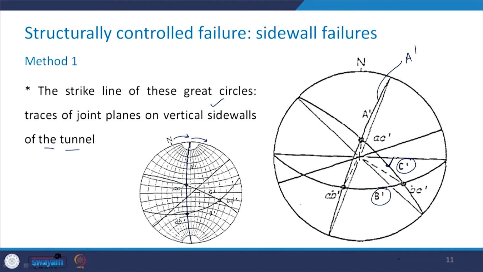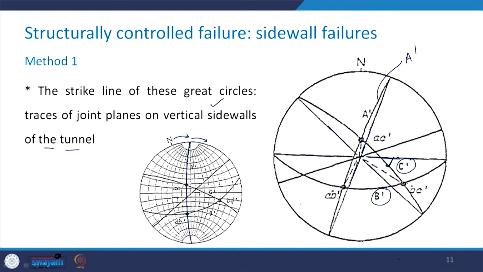So, the strike of these great circles are going to give us the traces of the joint planes on the vertical side walls of the tunnel. So, this is how we can get the strike lines of these three circles.